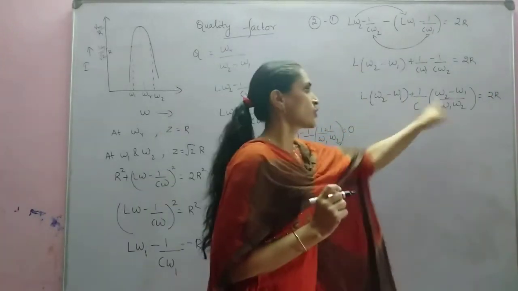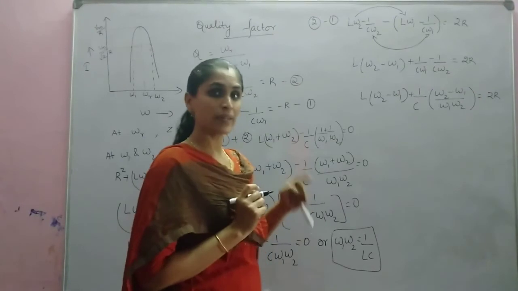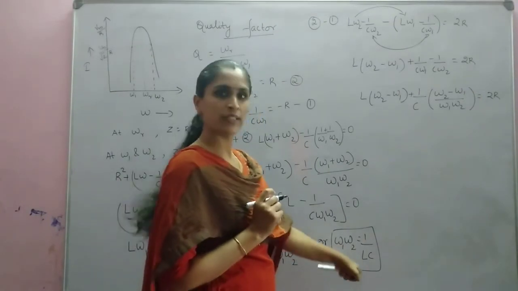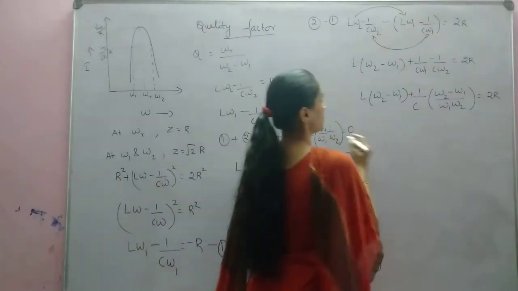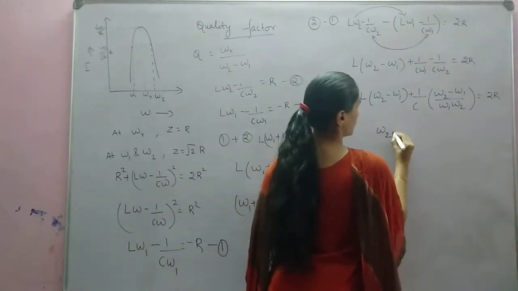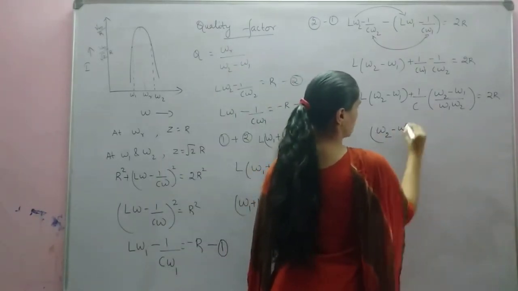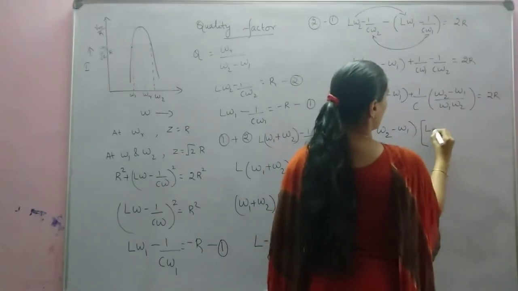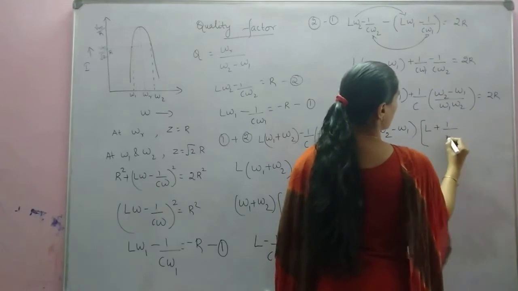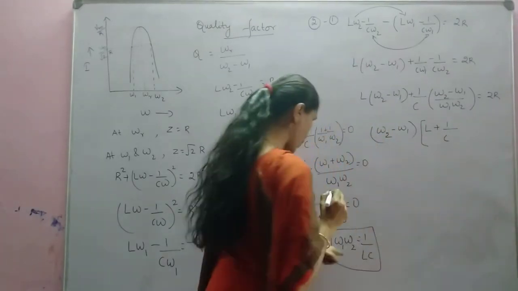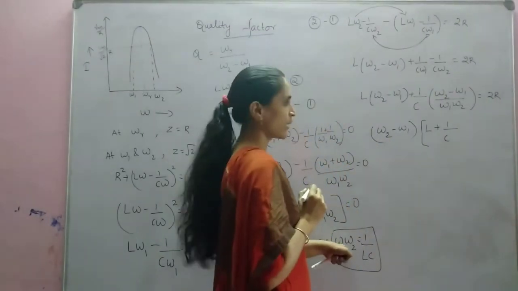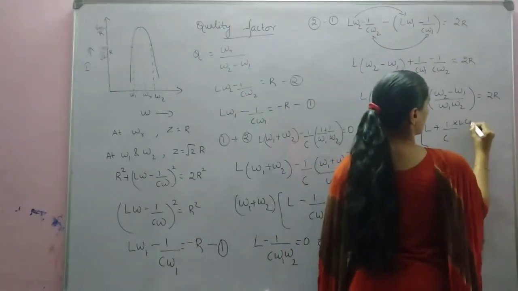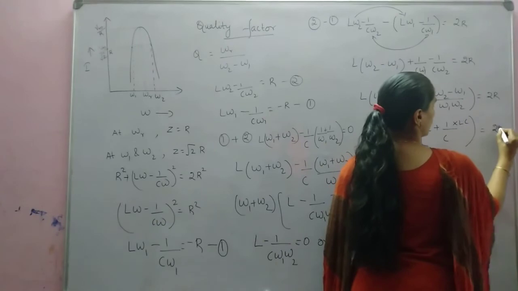From these two terms, omega 2 minus omega 1 can be taken common and we can substitute for omega 1 omega 2 is equal to 1 by LC. So what we will get? Omega 2 minus omega 1 taken common into L plus 1 by C into 1 by omega 1 omega 2, which can be written as LC, so into LC is equal to 2R.